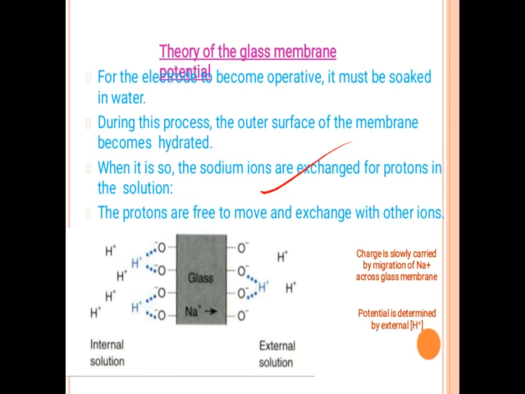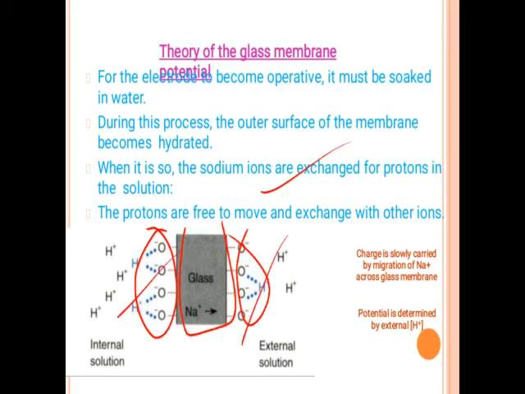Okay, so here you can observe this is the glass membrane. There is an internal solution and an external solution, with the presence of water molecules. When the water molecules are present like this, the sodium ions are exchanged for the protons in the solution, and the protons become free and can move and exchange with other ions.